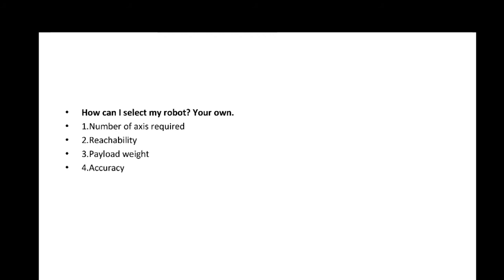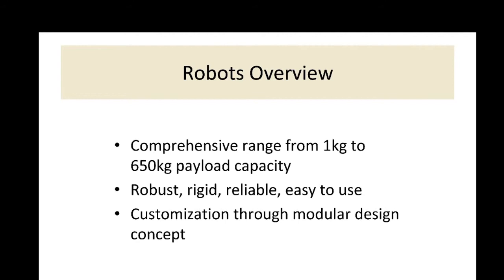Okay, we will move on. Robot overview. Robots range from 1 kg payload to 650 kg, which means one robot can pick even a 1 kilo part, and in maximum cases different robots are there. Those robots will pick up to 650 kgs, which means very heavy industries.